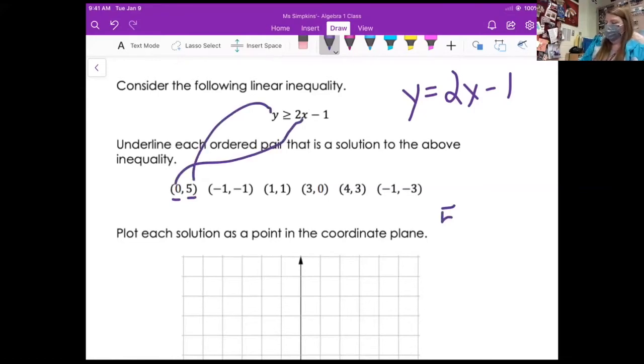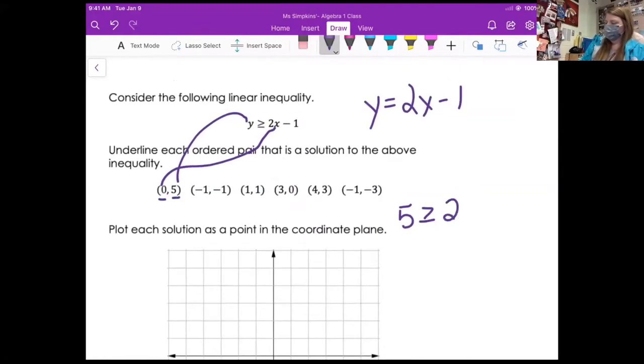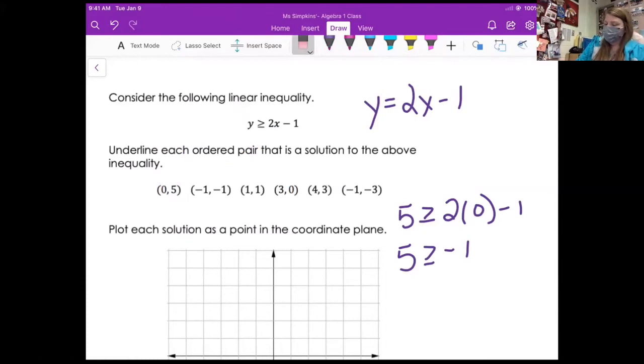So 5 is greater than or equal to 2 times 0 minus 1. Is that true? It is, because if we simplify the right-hand side, 5 is greater than or equal to -1. So let's underline that first point. 0, 5 does work.